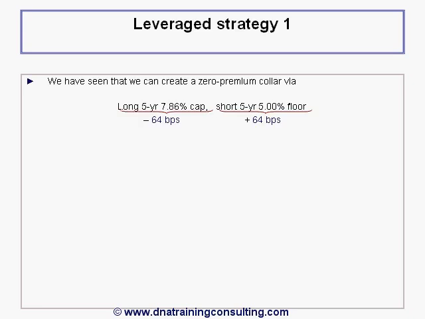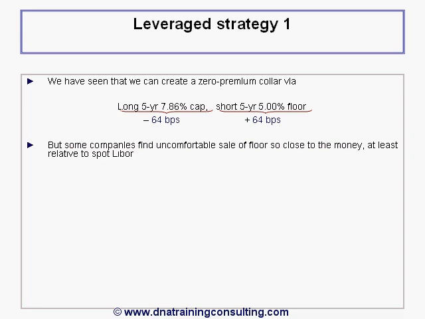When contemplating certain zero premium strategies, such as the collars we described earlier, companies sometimes object to the sale of a floor at a level that is so close, relatively speaking, to the spot LIBOR level, as in the earlier example where the floor was struck at 5%, i.e. equal to the spot LIBOR.